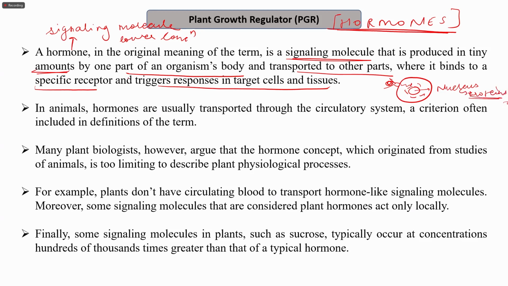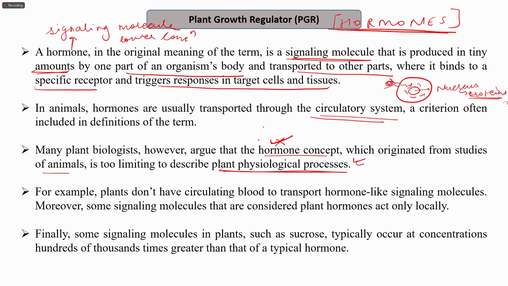In animals, hormones are usually transported through the circulatory system, which is often included in definitions of the term. But many plant biologists argue that the hormone concept, which originated from studies of animals, is too limiting to describe plant physiological processes.